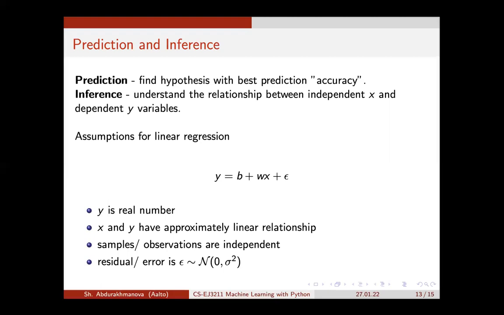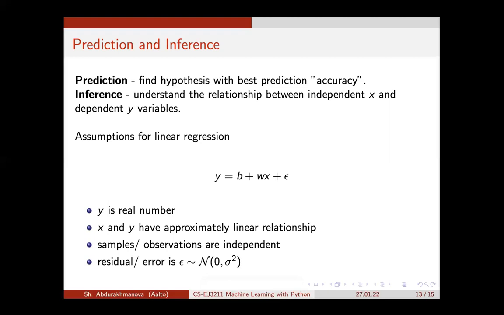If they have a non-linear relationship, then the model that you fitted is not going to really reflect the relationship between x and y. Then there are also some more assumptions, like that these y values, or observations of samples, are independent, and that this additional term, the error term, is normally distributed with mean 0 and constant variance sigma squared.